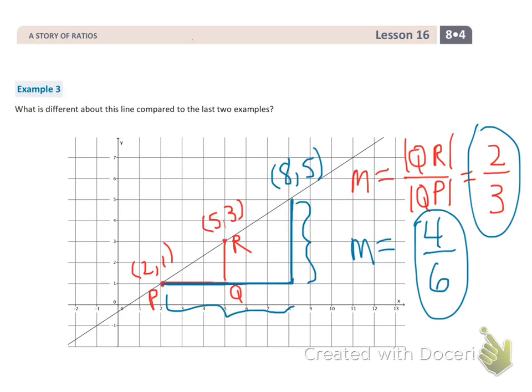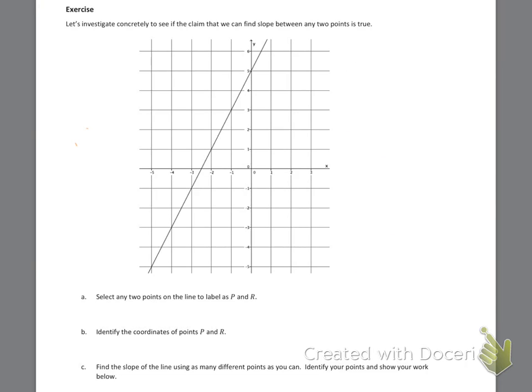Okay, so let's look at the exercise that you have in your notes. Go ahead and look at that independently and then come back and check your work. So it's 3 parts. First, you select any 2 points on the line, label them as P and R, and you want to pick points that you can determine the exact coordinates of.